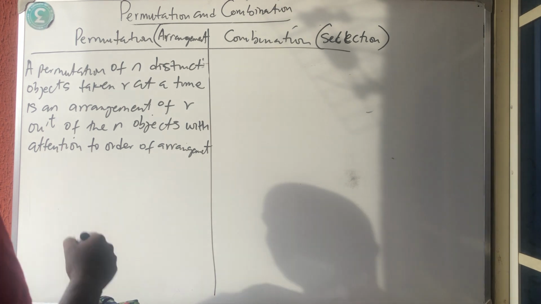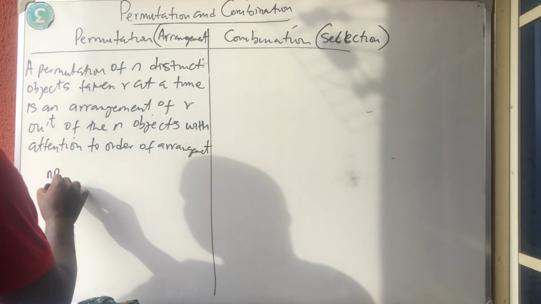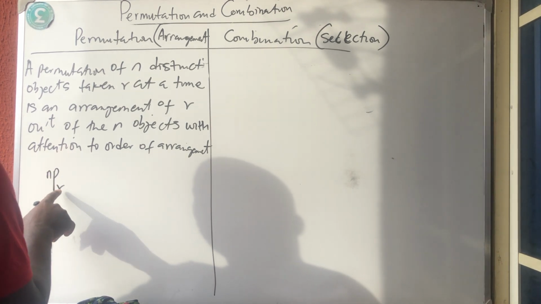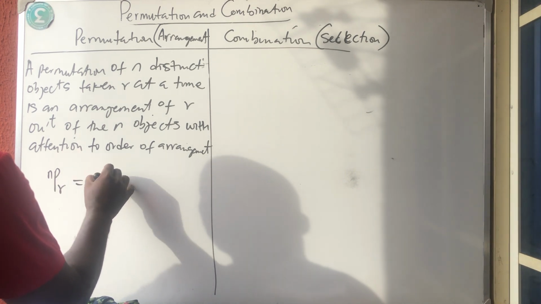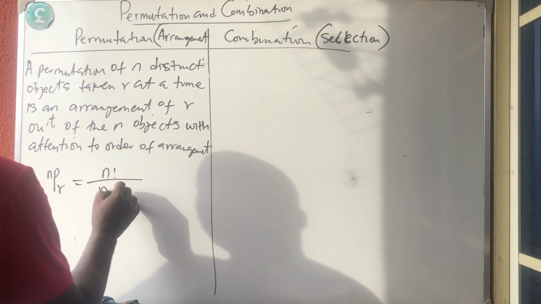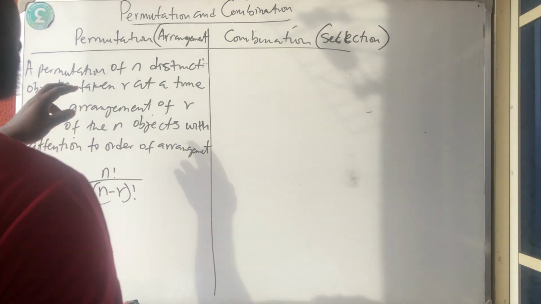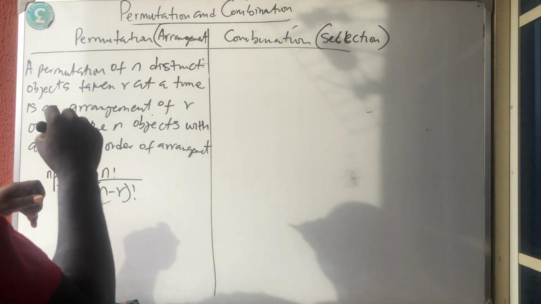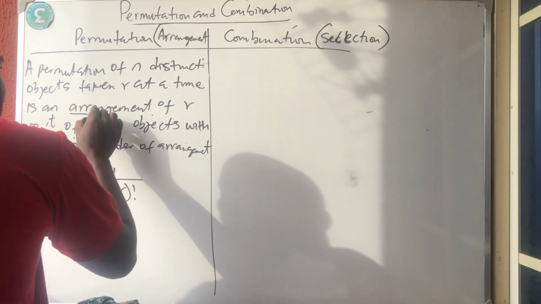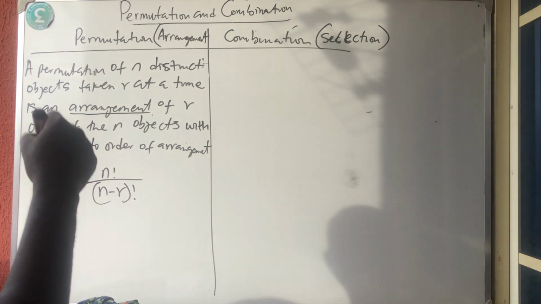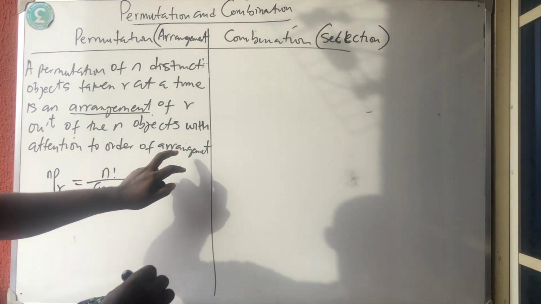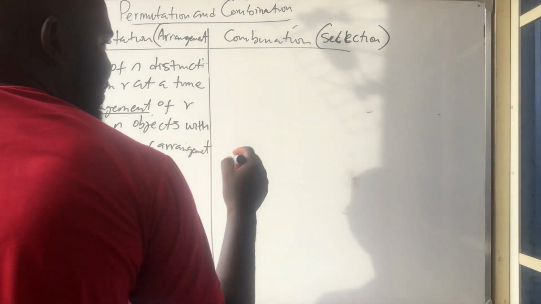Okay, now the formula says that the permutation of n, R means what? n factorial all over n minus R factorial. This formula is very, very important. But what I want you to note in this definition is that permutation is simply arrangement, and you must take note of the order of arrangement. What do we mean by order of arrangement?